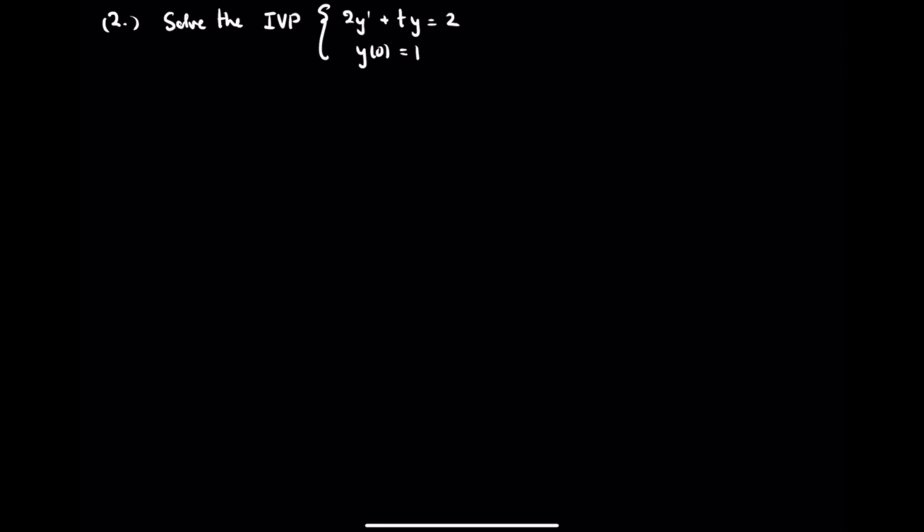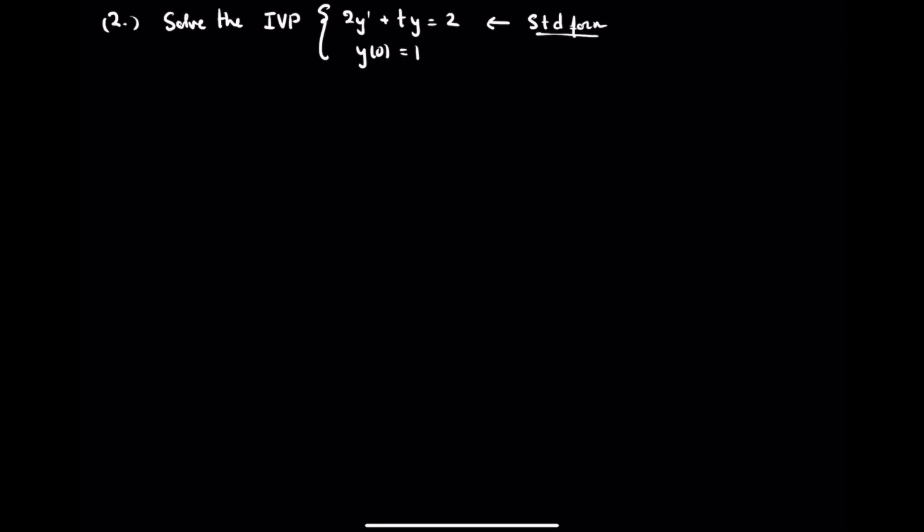So the first thing we have to do is put this equation into standard form, and it is not currently in standard form. We know it's not because y prime's coefficient is not 1, it's 2.